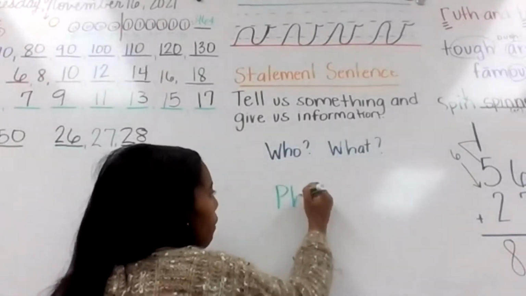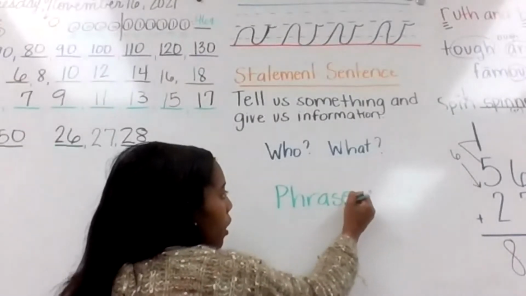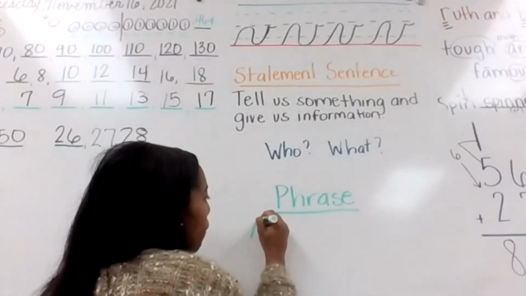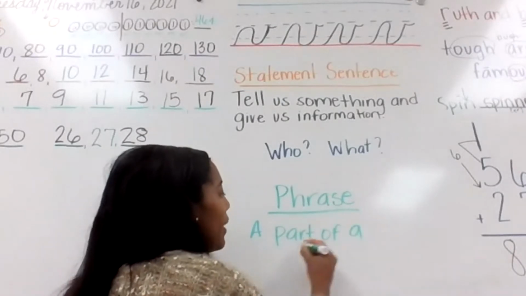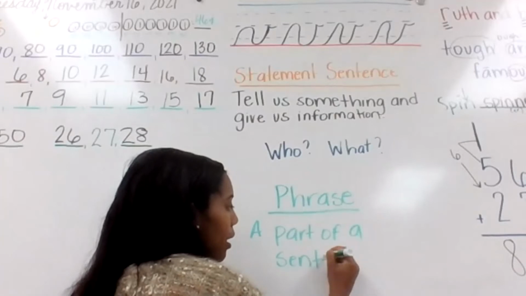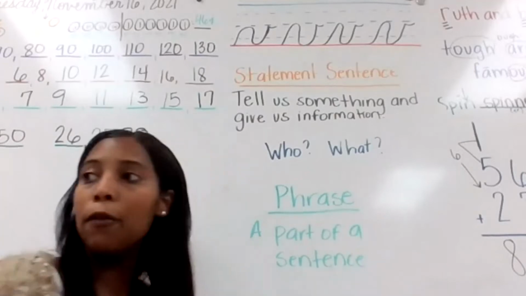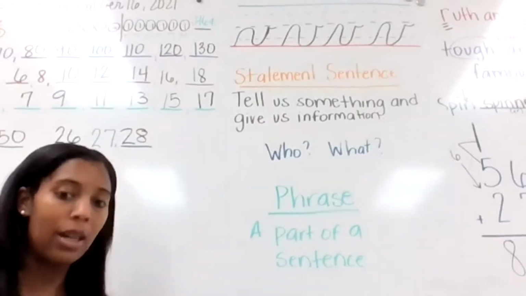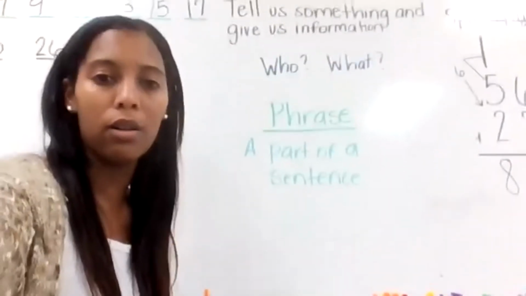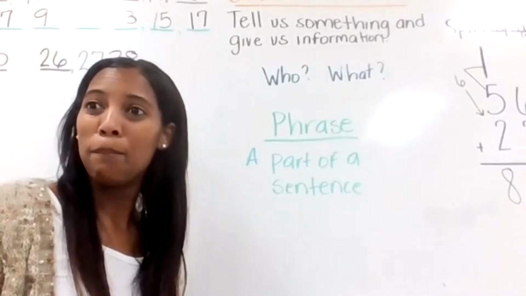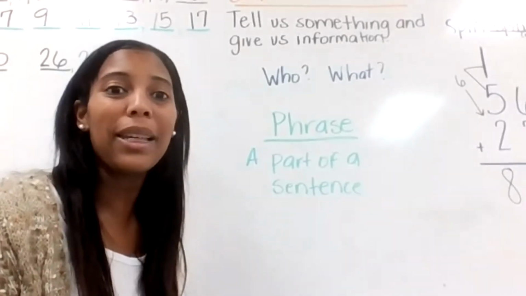A phrase is a part of a sentence, but it is not a complete sentence. A phrase would be if I would say, the red ball. That is not a sentence, right? The red ball isn't telling me anything.